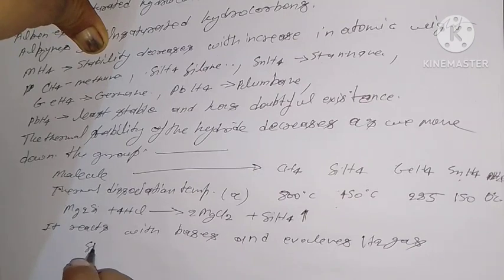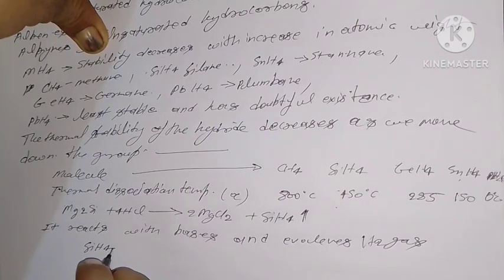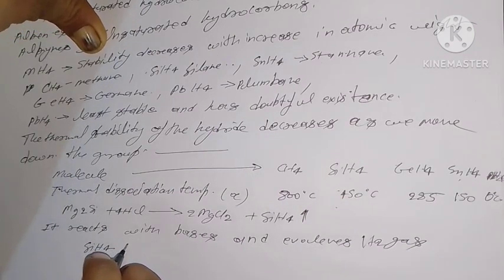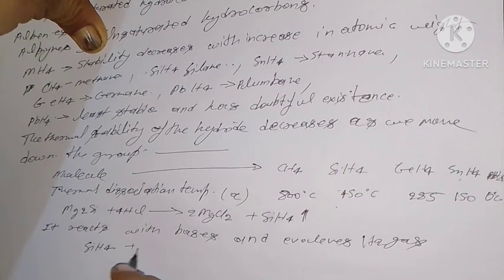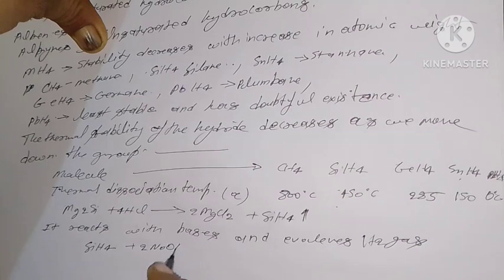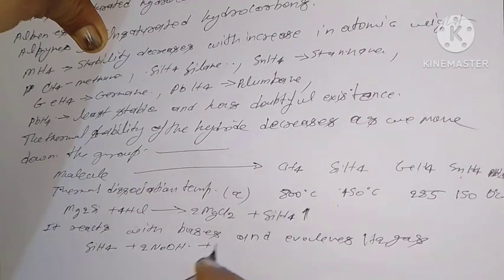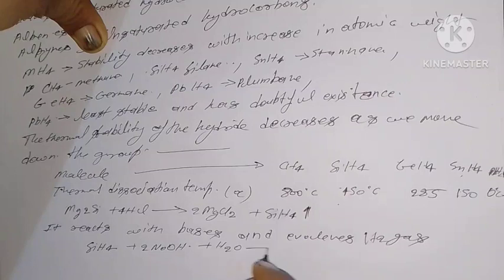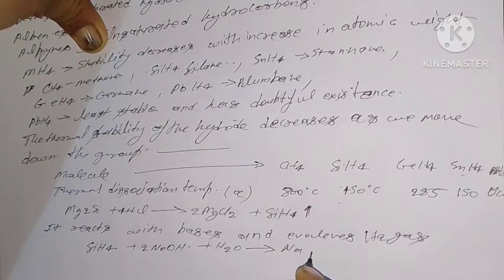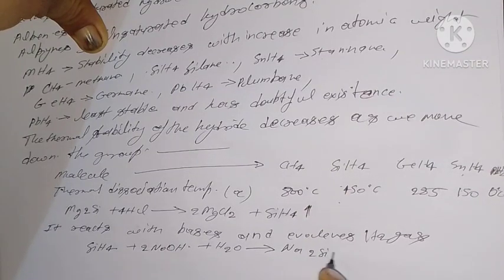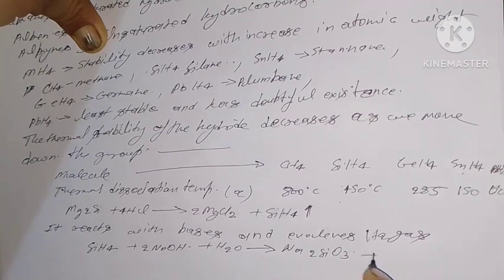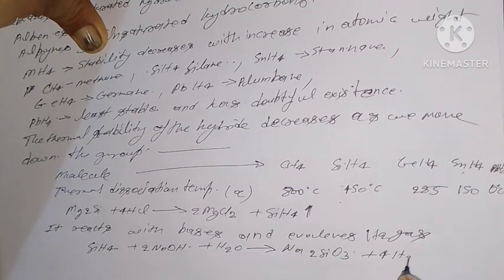As an example, SiH4, silane, reacts with 2 molecules of sodium hydroxide in the presence of water to make Na2SiO3 plus 4 hydrogen gas.